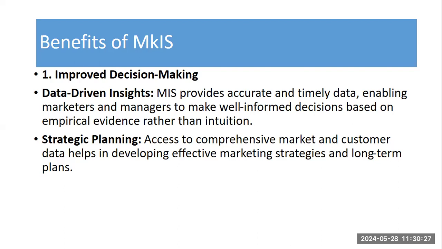Again and again, I'm stressing, when they are taking any decisions or any actions, they always want to base them on the data, right? So marketing information systems can systematically gather, analyze and report this data to them, and based on that, they can make the strategic plan.